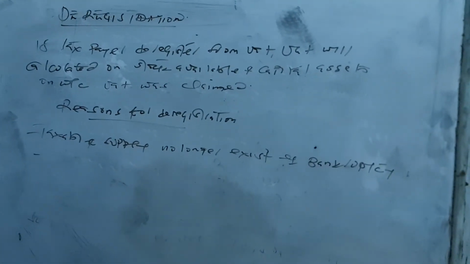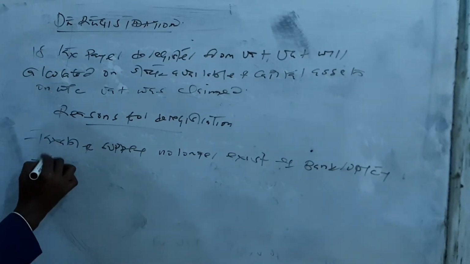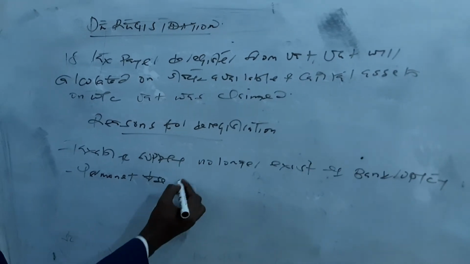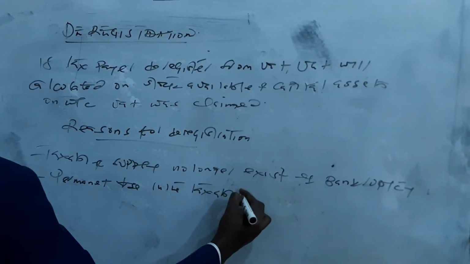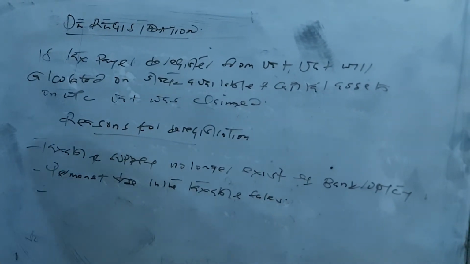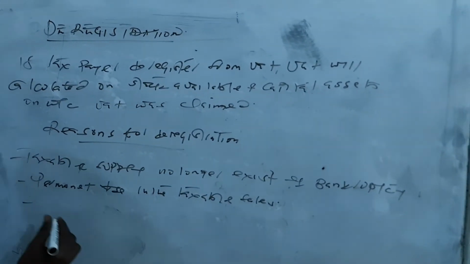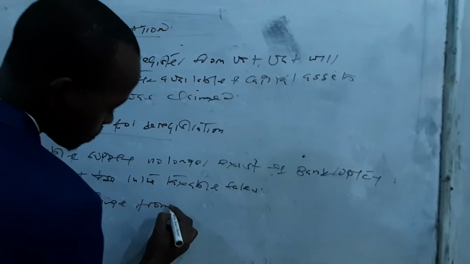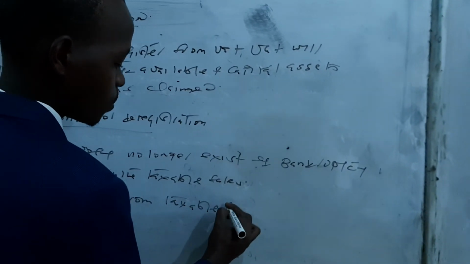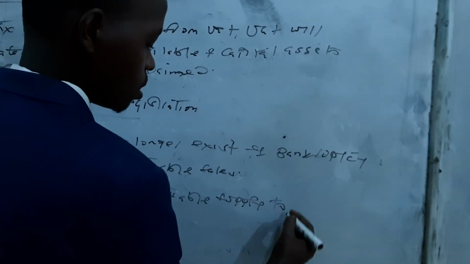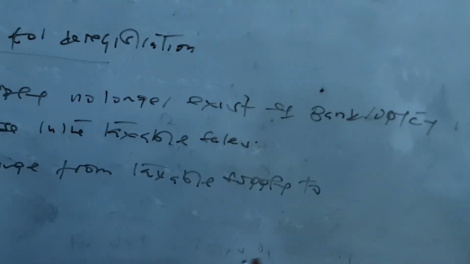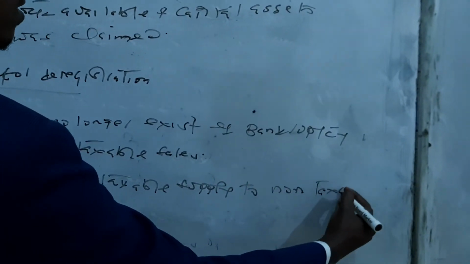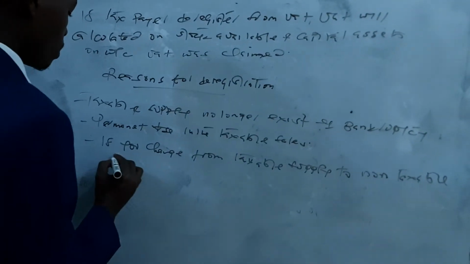Another reason that can make you deregister from VAT is if there is a permanent decrease in the taxable sales, or if you change from taxable supply to non-taxable supply, or to exempt supply.